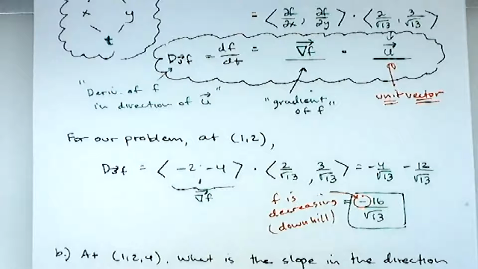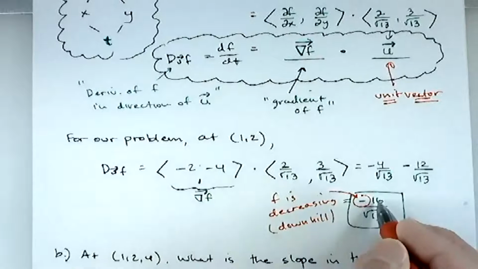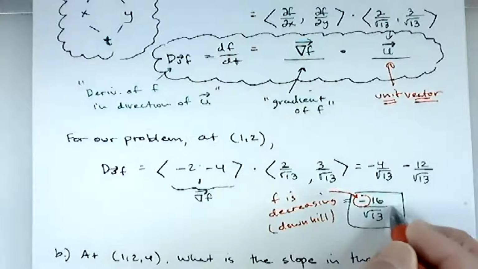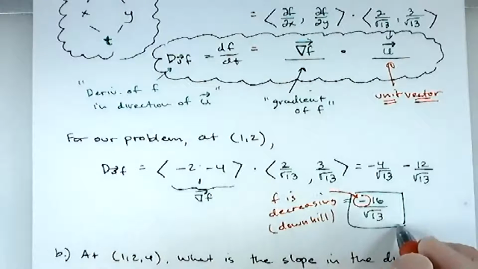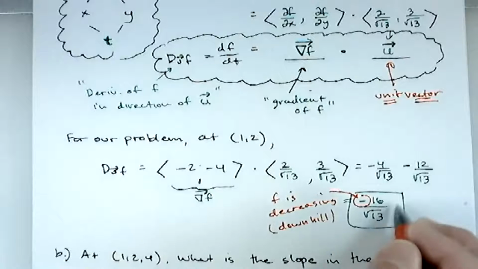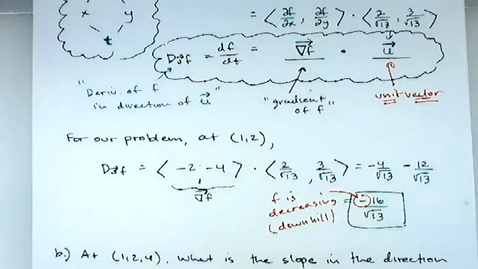And that's your slope. You could talk about a slope of a ramp being like -2 means you're going down 2 over 1. This means you're dropping 16 over root 13, let's say, feet for every foot you move in that direction. It's a slope.